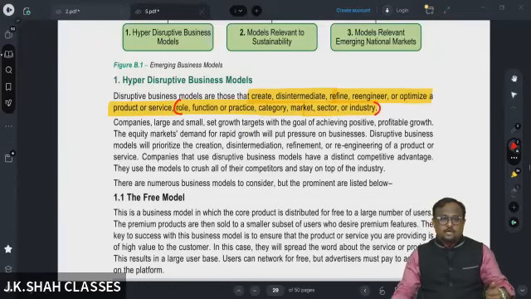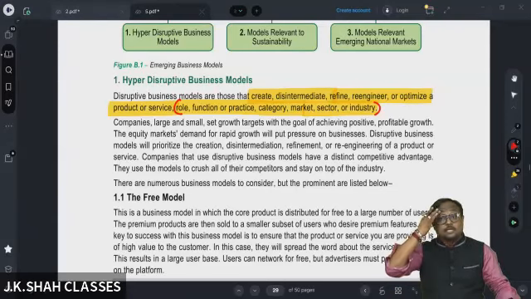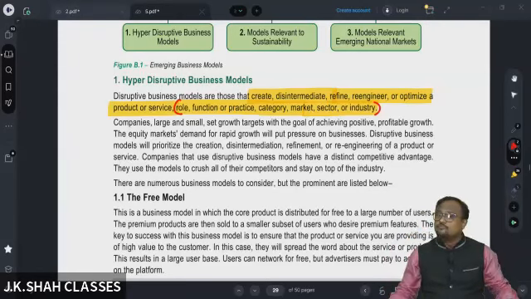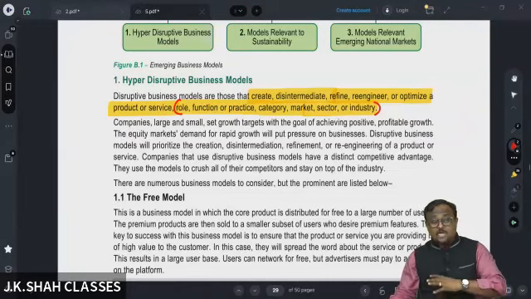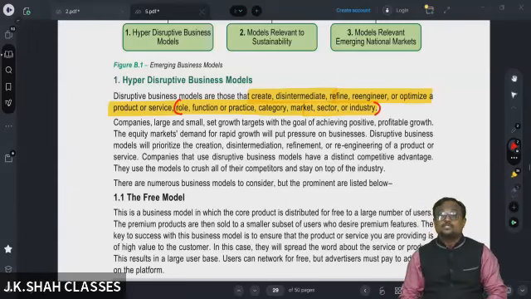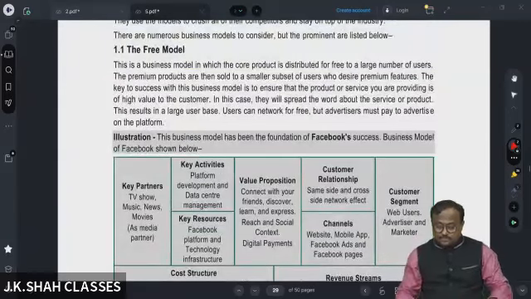But Bank of Baroda, you can see a tremendous development in its working style. You can see a different working condition in some of the branches of Bank of India. But I'm talking about hyper disruptive business models which change the industry 360 degrees. I'll give you simple examples now.